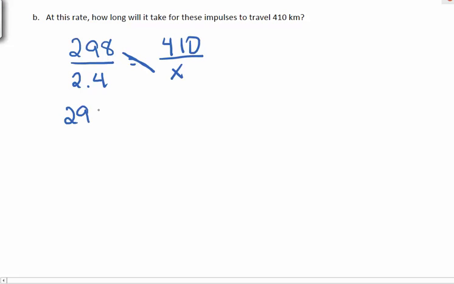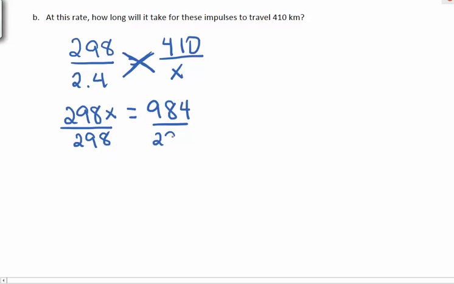This is just 298x, and here 410 times 2.4, which is 984. We divide by the number with the x, 298, and this gives us roughly 3.3 hours that it will take to travel this far.